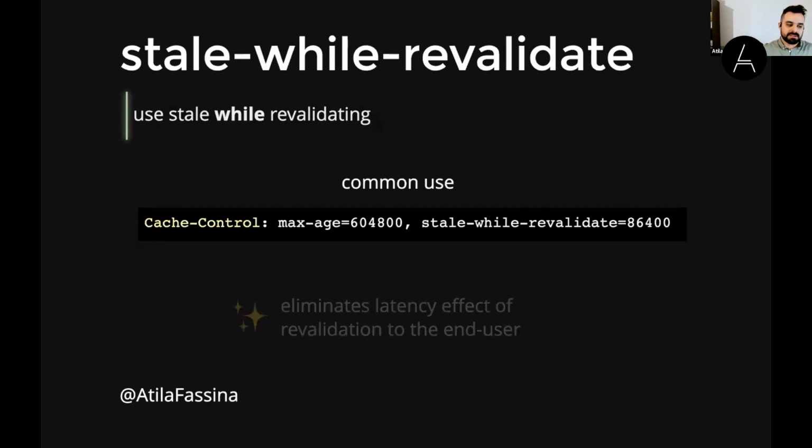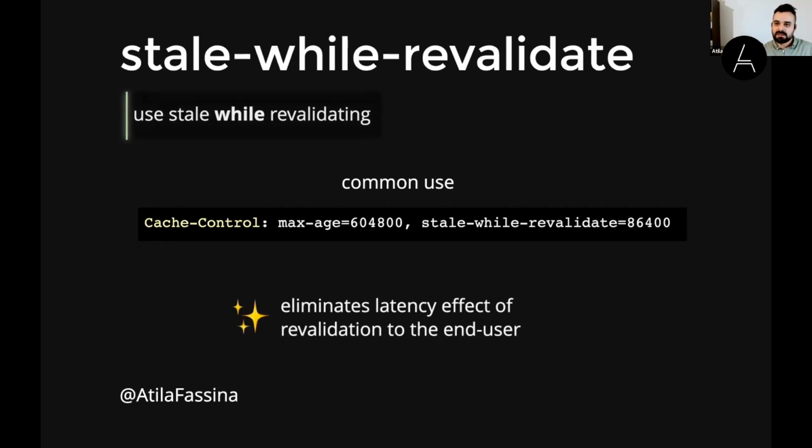So it eliminates the latency for updating the cache, while under the hood it's going to update it. You can pass it as I put it there, with a time frame, the max-age plus the time you want stale-while-revalidate to work, or you can just pass stale-while-revalidate and then it's going to be stale-while-revalidating forever.